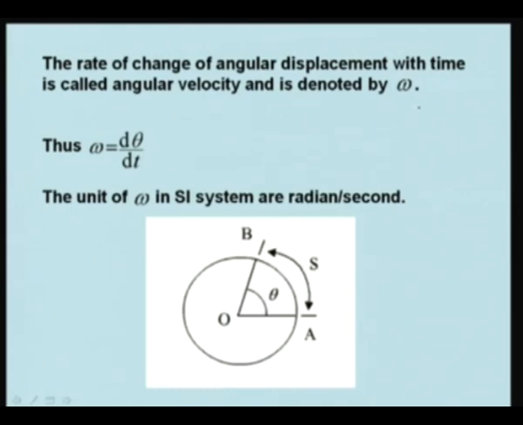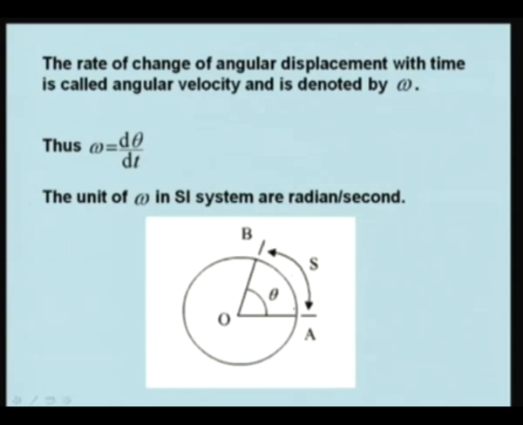The rate of change of angular displacement with time is called angular velocity and is denoted by omega. Thus, omega is equal to d theta by dt. The unit of omega in SI system is radian per second.